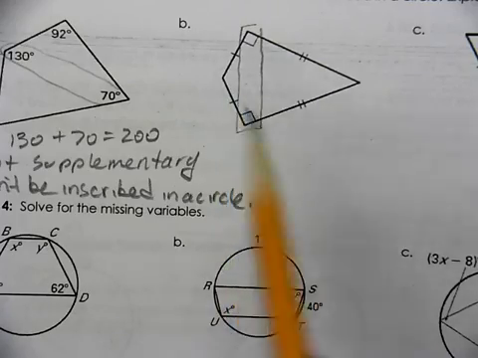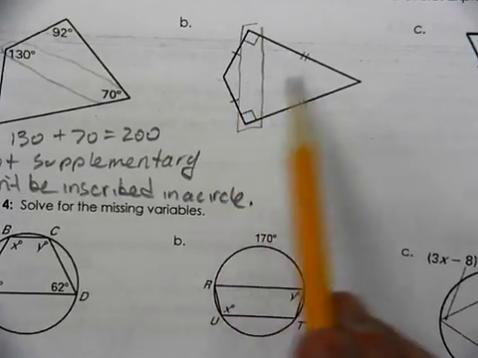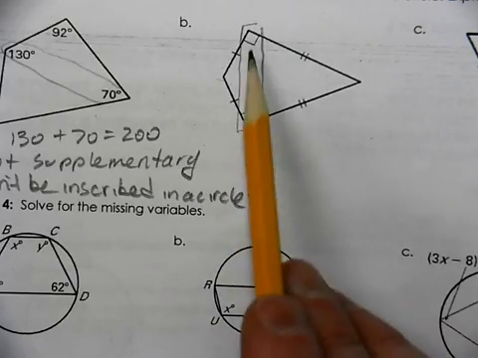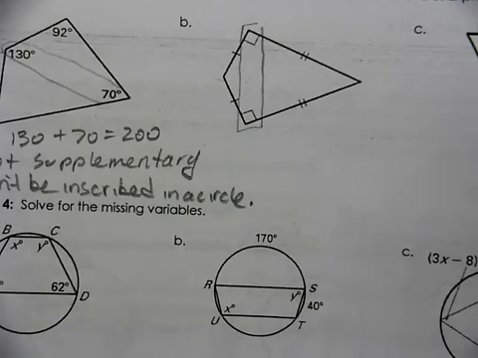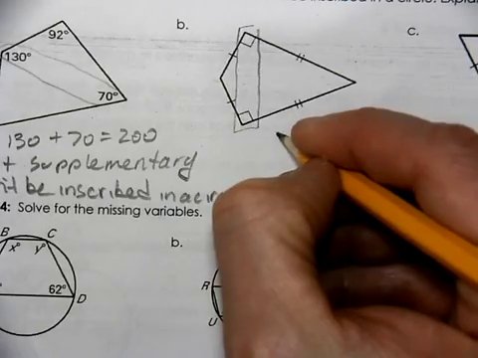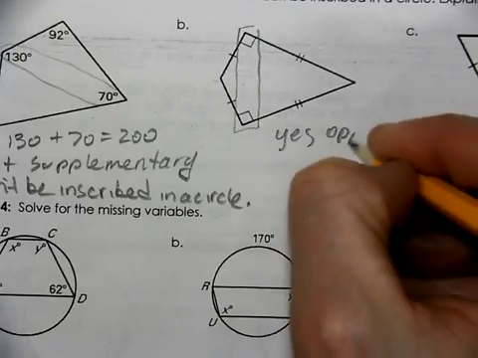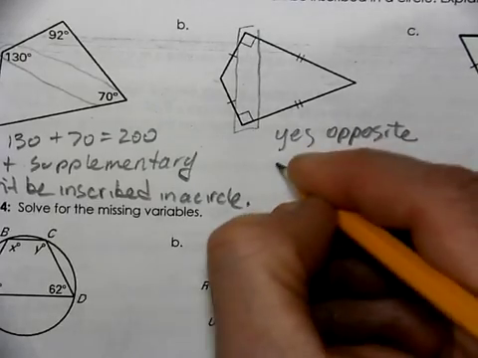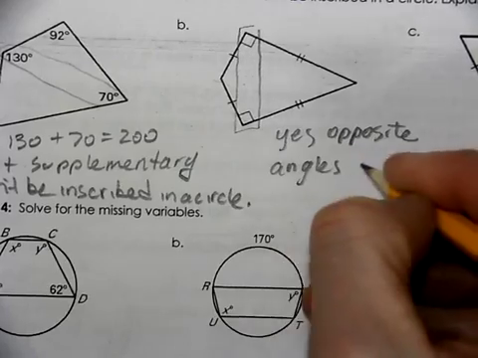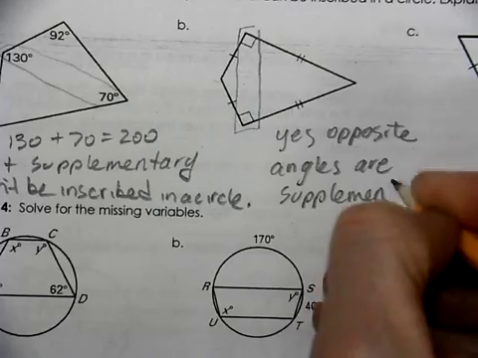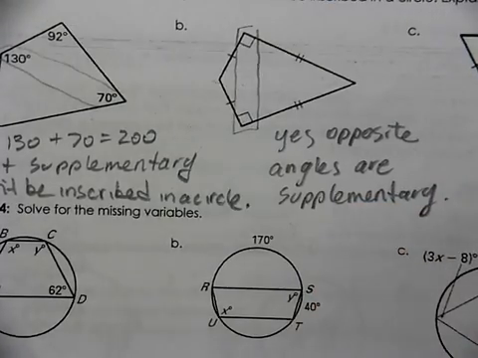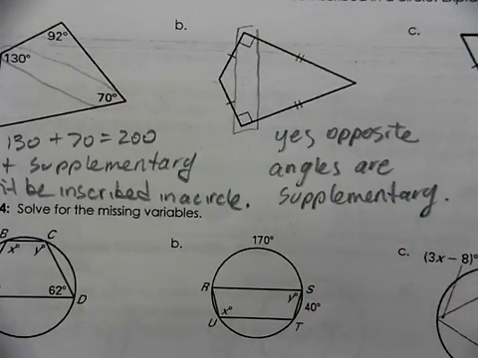We don't know what their measurements are, but together we know their sum has to be 180 also, because 180 here leaves 180 left to get to 360 total. So yes, opposite angles are supplementary, so therefore it can be inscribed in a circle.